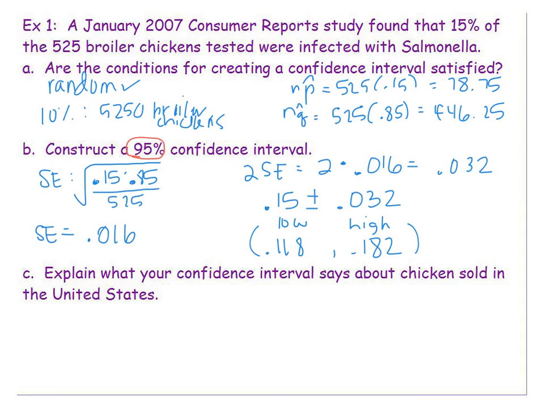So what does our confidence interval say about chickens sold in the United States? This is going to be kind of your blanket statement that you're going to make. So it's always going to start off with, we are, and you're going to have to list your percentage.